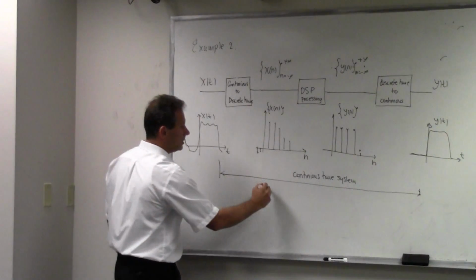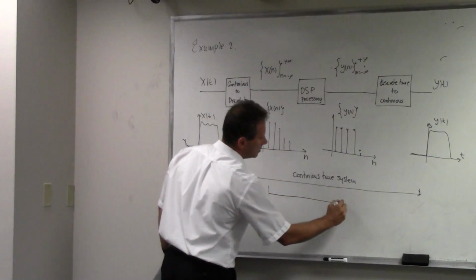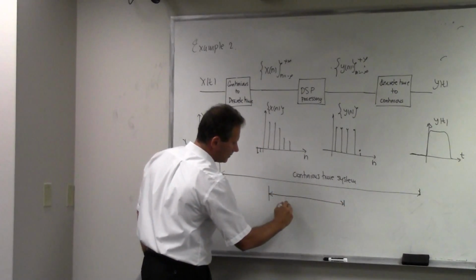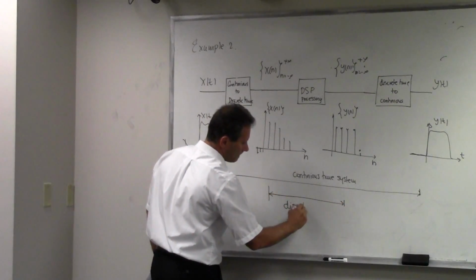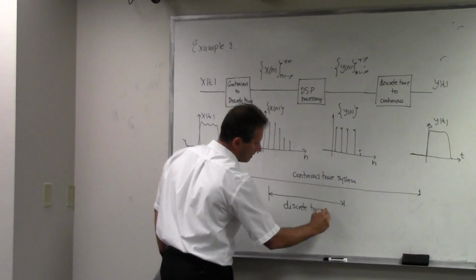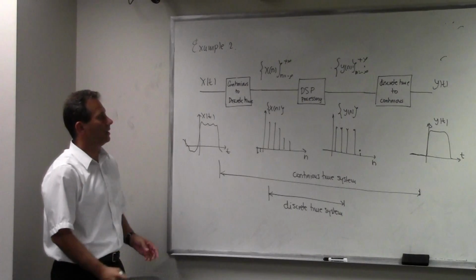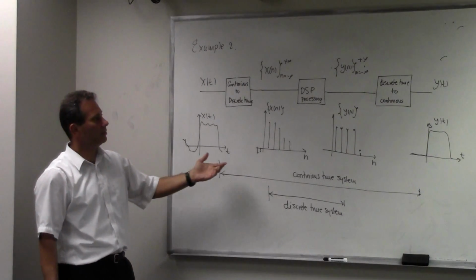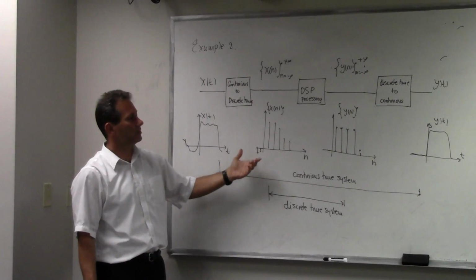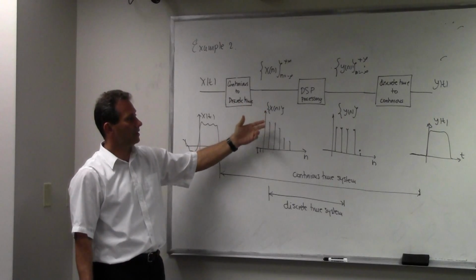But from this end here to this end, I have a discrete time system. And this is frequently the case in modern signal processing, modern systems. A lot of them are this way.